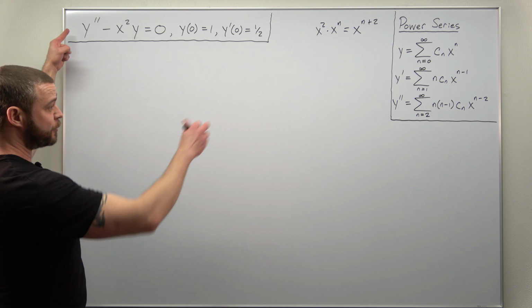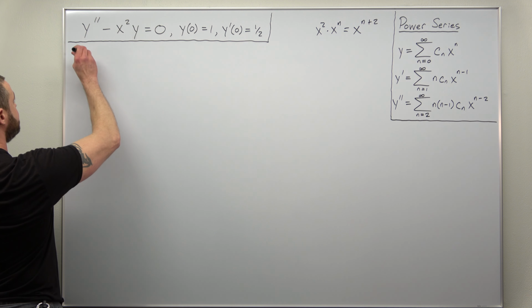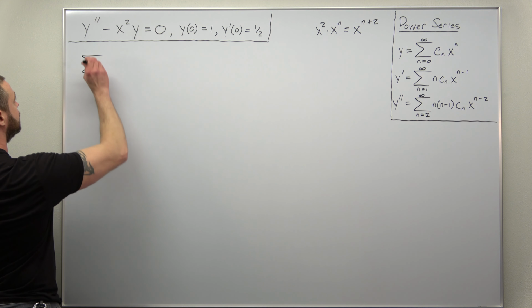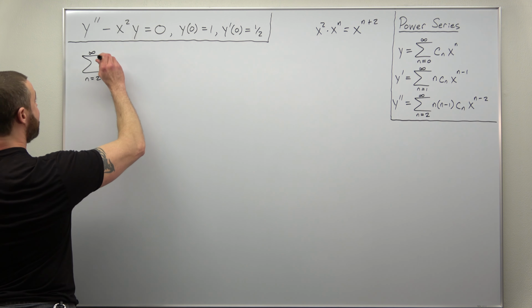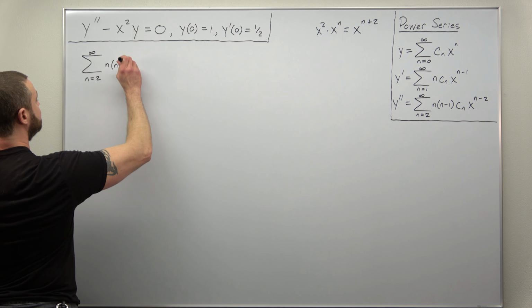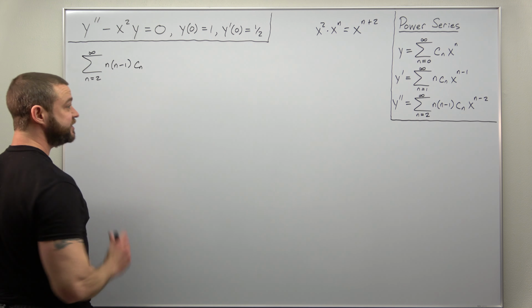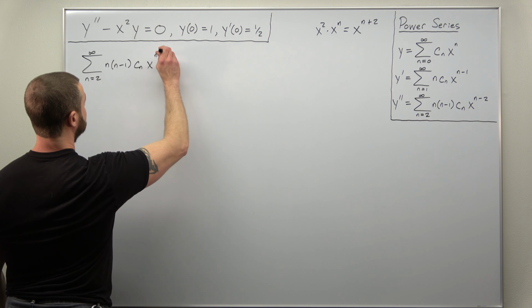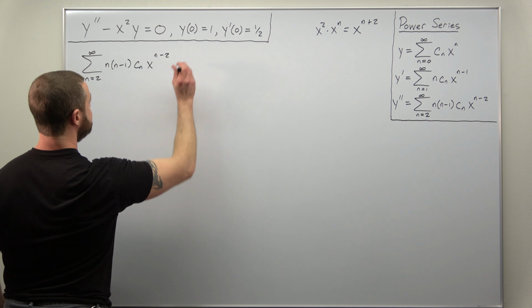So let's write our power series for y double prime. We have it as a sum from n equals 2 to infinity of n times n minus 1, c sub n, and then x to the n minus 2. We have the minus between.